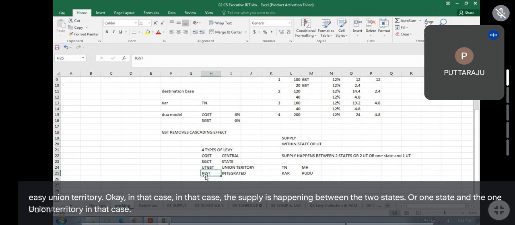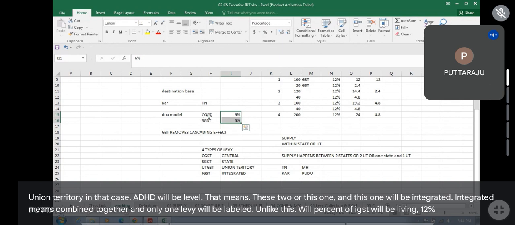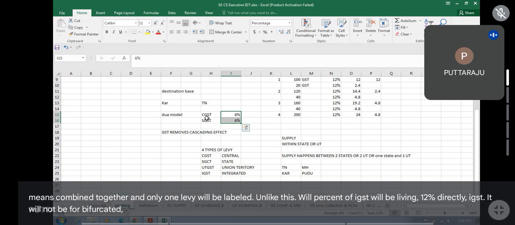In that case, IGST will be levied. That means these two will be integrated. Integrated means combined together and only one levy will be levied. Unlike this, 12% of IGST will be levied directly. It will not be bifurcated into CGST and SGST. That is called integrated GST.